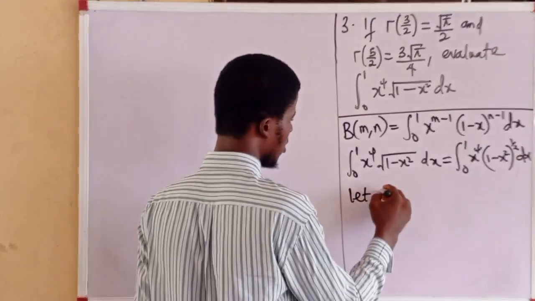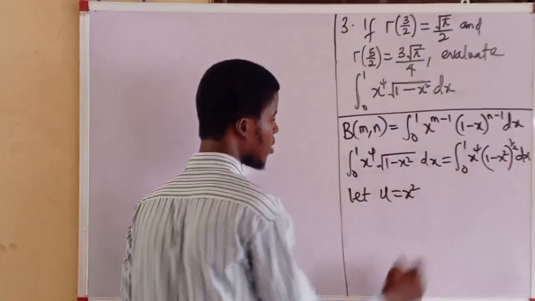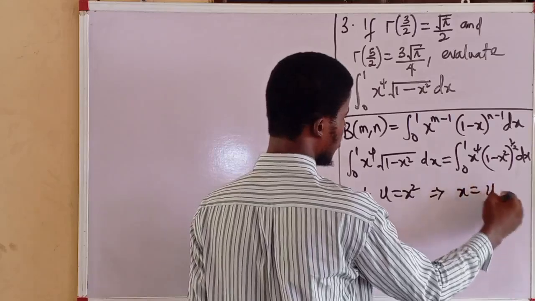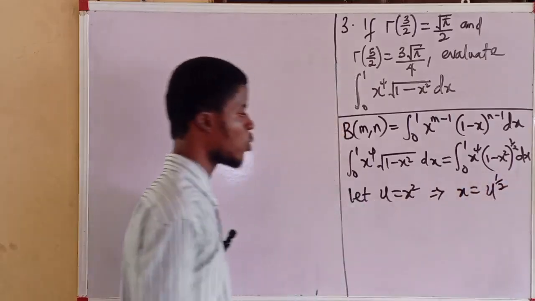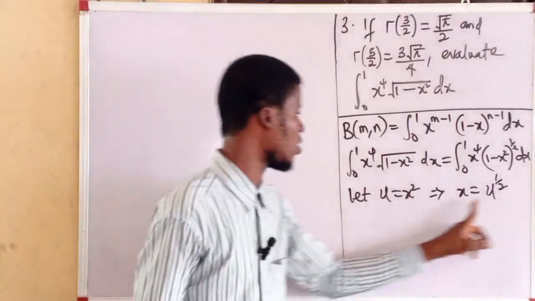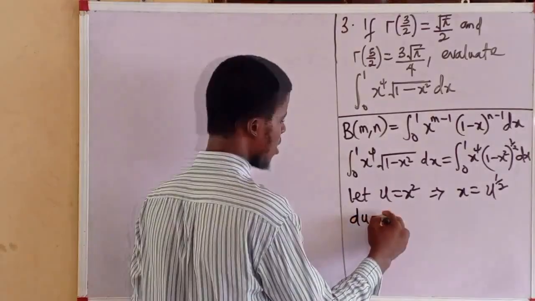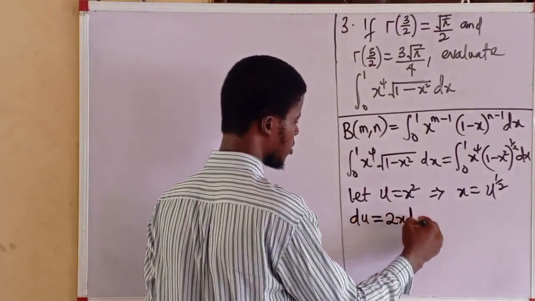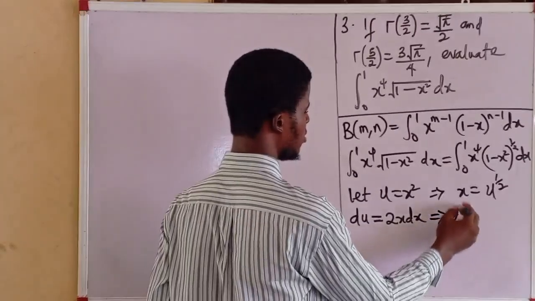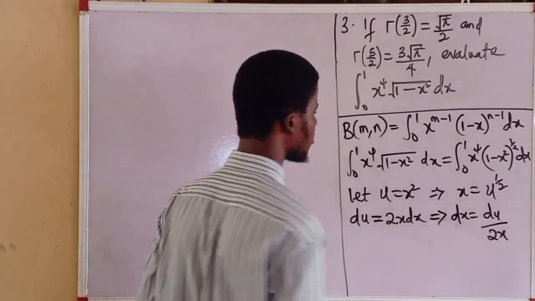So let's introduce a new variable to solve that problem. Let u be equal to x squared. From here, x is equal to u to the power of 1 over 2, that's the square root of u, if I take the square root of both sides. From here, if I differentiate u with respect to x, I'll get 2x dx, and so making dx the subject of the formula, we have du all over 2x.